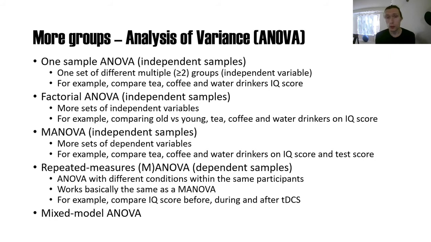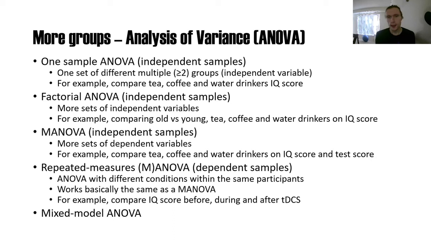It's sometimes also referred to as a repeated measures MANOVA, and the reason for that is that if you would look at how this repeated measures ANOVA is structured, it is not that much different from an independent samples MANOVA. Now that seems really weird. How can a dependent samples test of different conditions be the same thing as a test for independent samples?